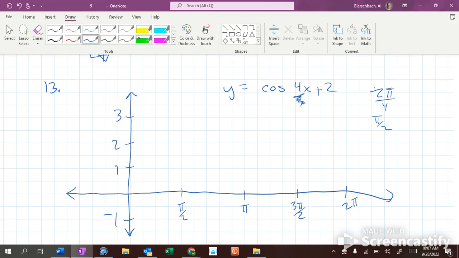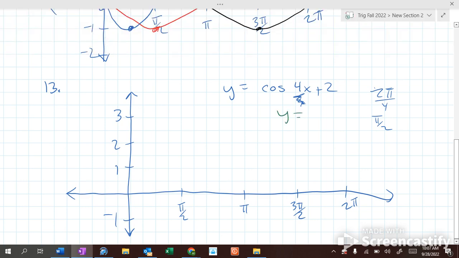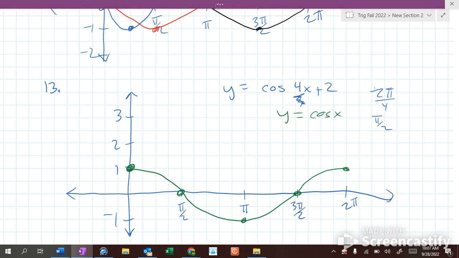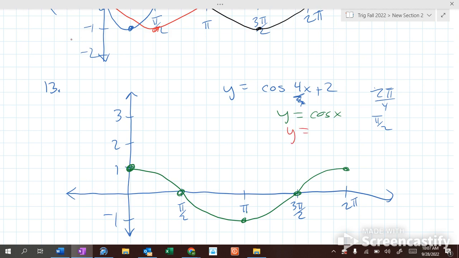All right. So I'm going to start out by graphing y equals cosine of x. We start at 1, go to 0, go to negative 1, go to 0, go to 1. Looks like that. And then I'm going to graph y equals cosine of 4x.